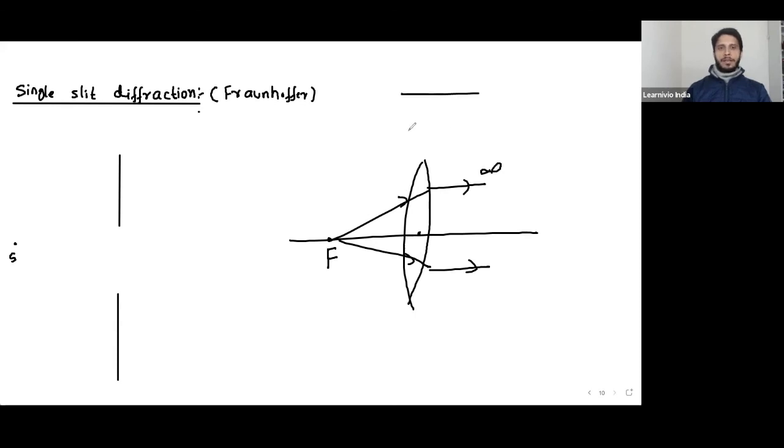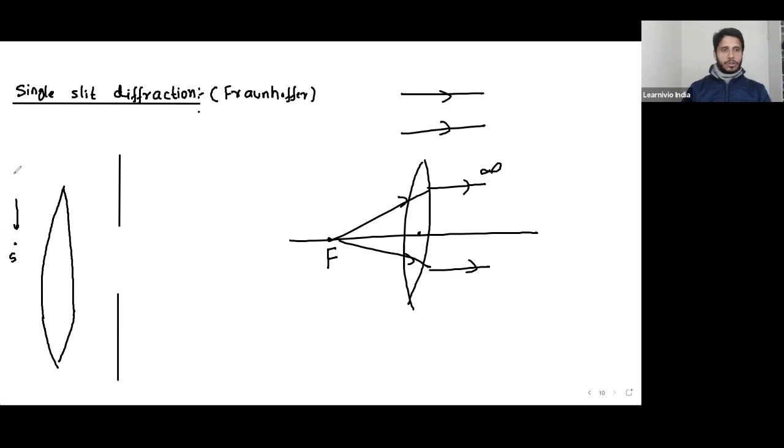So for parallel rays, you can do two things. Either you put your source at infinity, at a very large distance, so that rays coming from the source are parallel. Or you can put your source at the focus of the convex lens, so that after refraction from the lens, your rays become parallel. Here I will use the second trick. I take a convex lens, and I put my source at its focus.